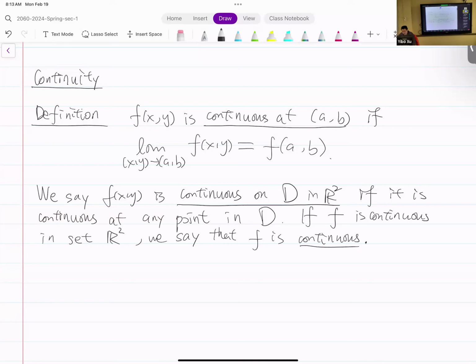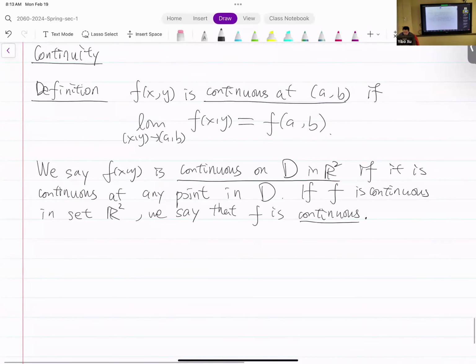Okay. So basically, if you think about a polynomial function, then it's definitely just continuous, because the domain includes the entire xy plane, and at any point, the evaluation of the function equals the limit at the point.